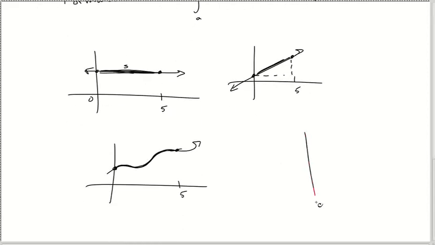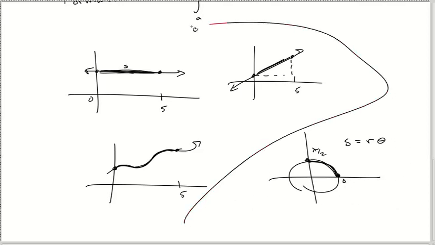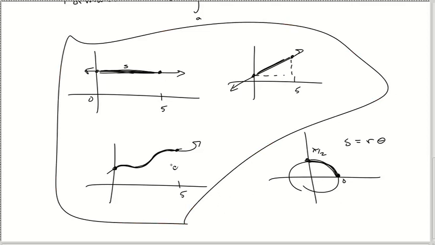One other thing that we've seen before: let's say I have a circle, and I want to know what's the arc length of this guy right here from 0 to pi over 2. Well, that's a special formula for arc length. s equals r theta. We saw that way back in college algebra, I think. But this is not what we're talking about here. That's nifty, but we're really trying to focus on this kind of stuff, okay?